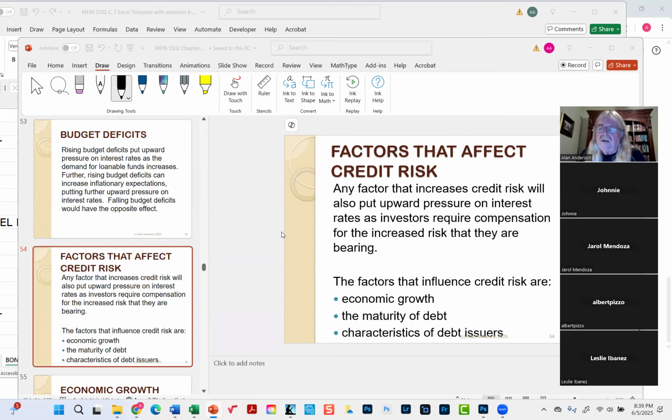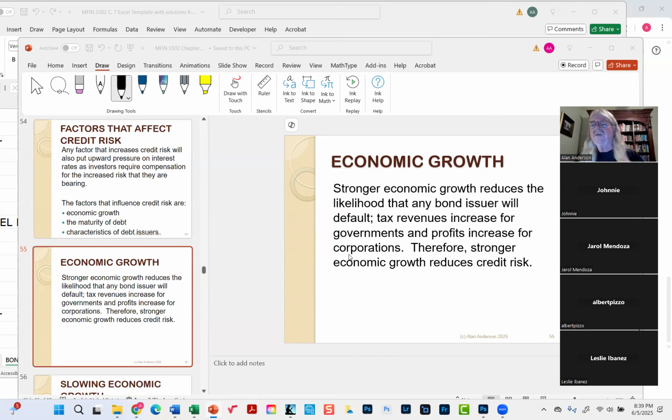And of course, the characteristics of the debt issuers themselves. If corporations are taking on a lot of debt by issuing bonds, that's going to make them riskier. Or on the other hand, if they're growing faster than expected, that makes them less risky. So there are a lot of variables that directly impact credit risk.